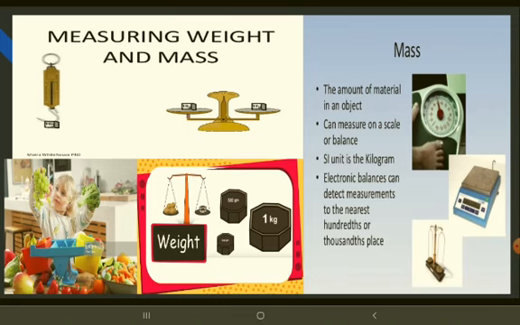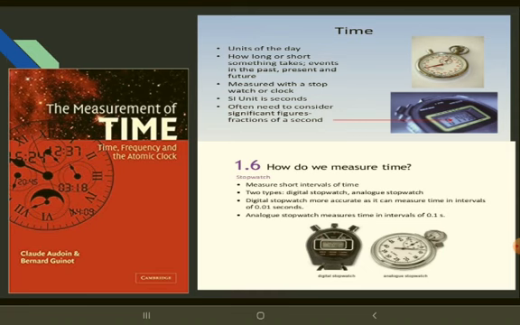Understood, children? Next, measurement of time. This is very important. In earlier days, people used to keep track of time by watching the movement of the sun, from our shadow only. Then the moon and some fixed stars in the sky.